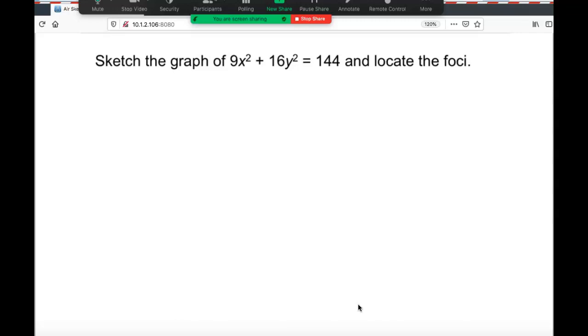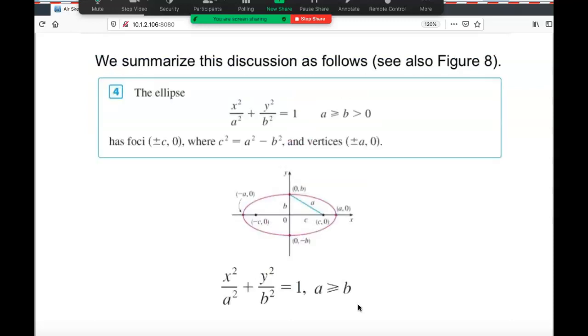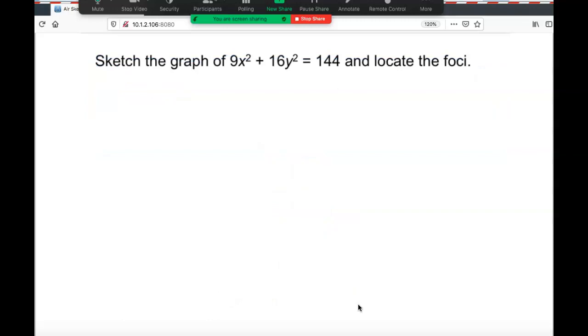What we want to do is get this into a standard form that we're used to: x squared over b squared plus y squared over a squared equals 1, or x squared over a squared plus y squared over b squared equals 1. Either way, we want it equal to 1. So all we're going to do is divide out the 144 from everything.